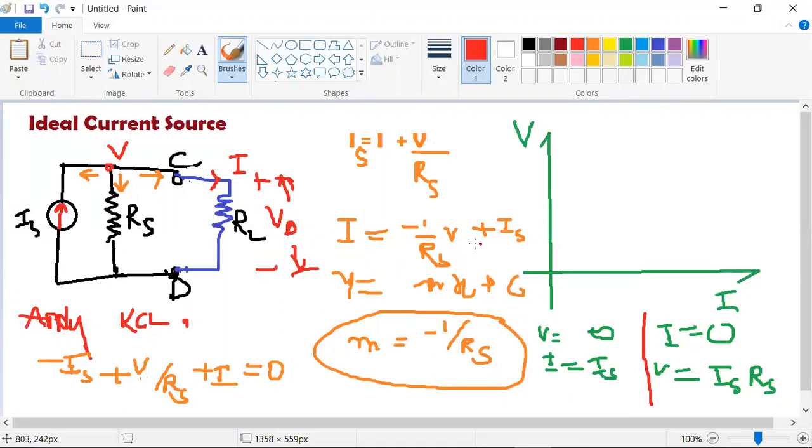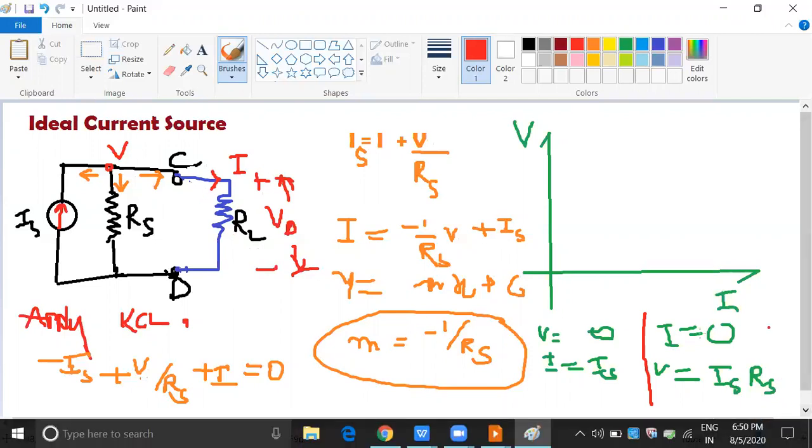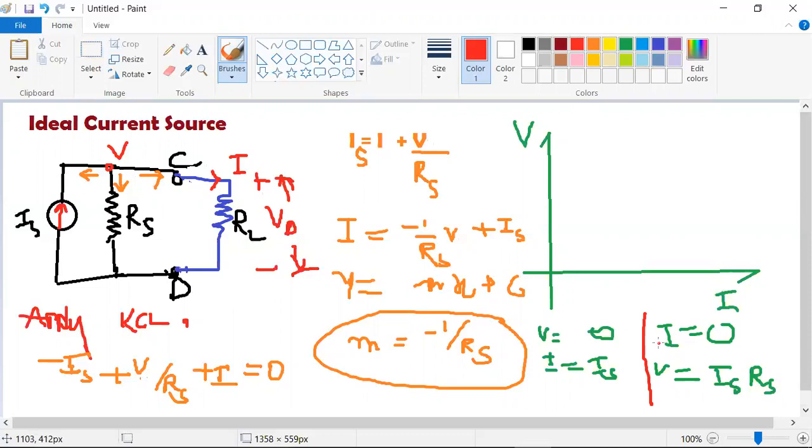This is case one. In case two, my load current is zero, meaning this current is zero. This happens when my output terminal load RL is removed. Then the output voltage V equals IS into RS, and this voltage will appear across the C and D terminals.